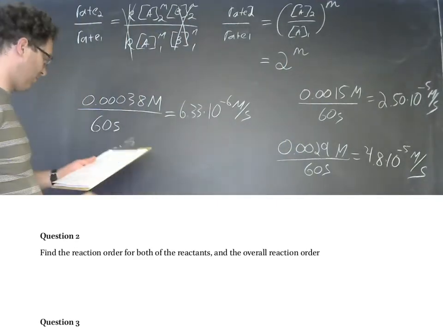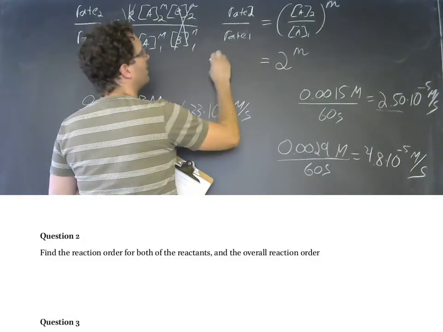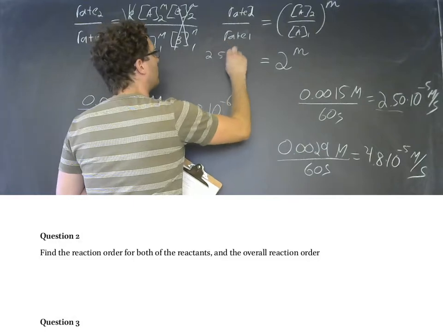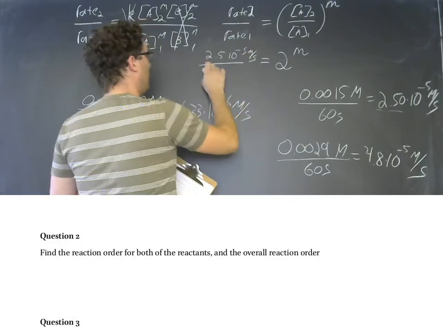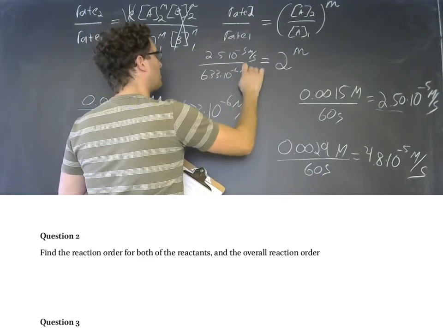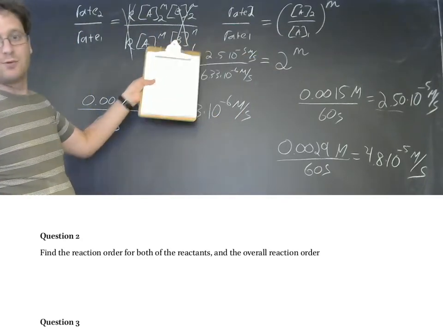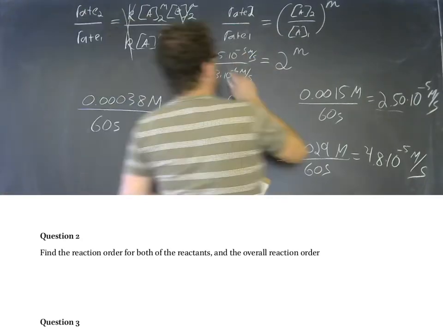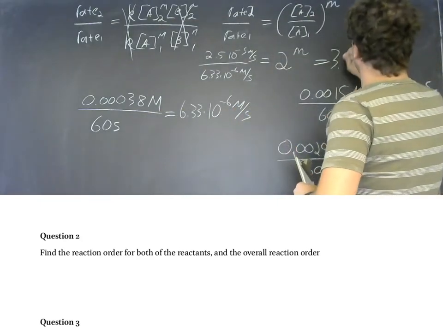And then if we take 2.5 times 10 to the negative fifth molar per second divided by 6.33 times 10 to the negative sixth molar per second, that's rate 2 over rate 1. Well, rate 2 over rate 1 works out to be 3.95.